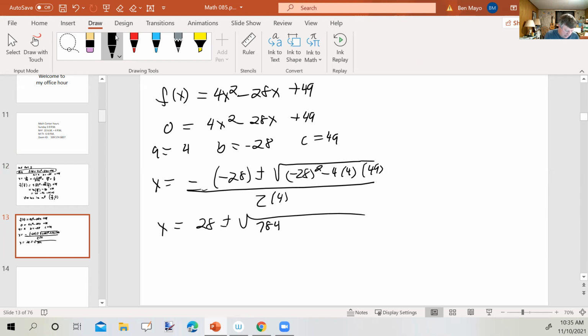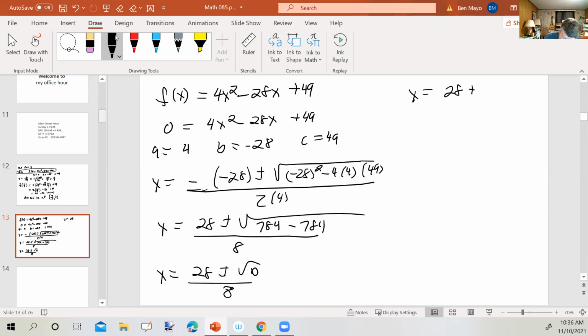And then negative 4 times 4 is negative 16 times 49 is minus 784, all over 8. So x equals 28 plus or minus the square root of 0 over 8, so x equals 28 over 8, which reduces down to 7/2. So the x-intercept is at 7/2, comma 0.